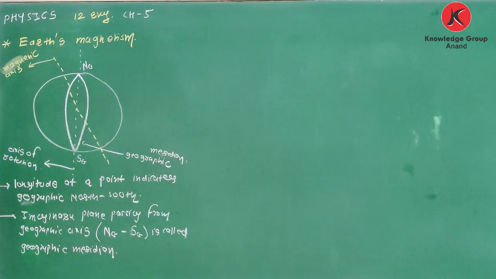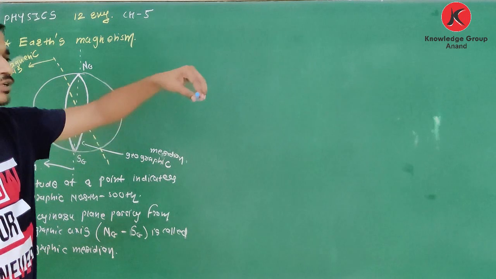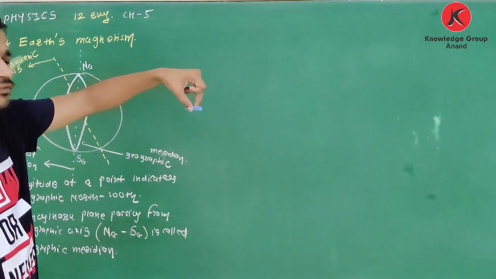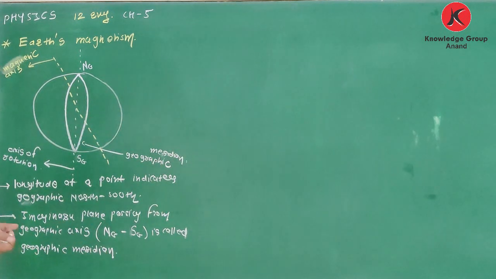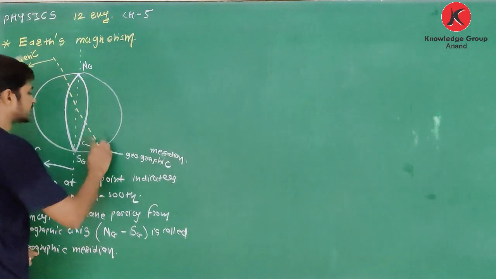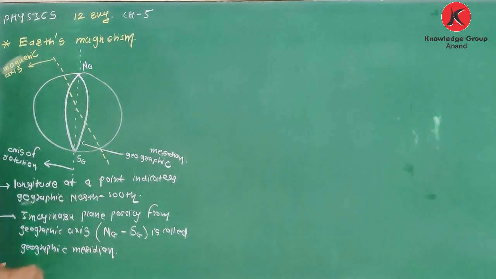So when we take one magnetic needle free to rotate in a horizontal plane, it will always align in the direction of Earth's magnetic field, along this axis. Yes or no? So it is called the magnetic axis.